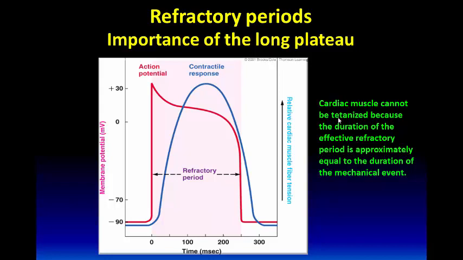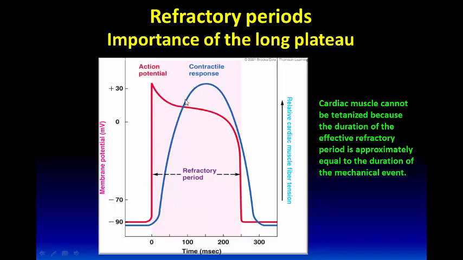In the case of the cardiac muscle, this is not the case. The cardiac muscle should undergo contraction and relaxation, because it is during relaxation that the heart is filled with blood, and then the heart contracts to eject blood. So here we have the contractile response, which follows the electrical response. This is the electrical response, the action potential.